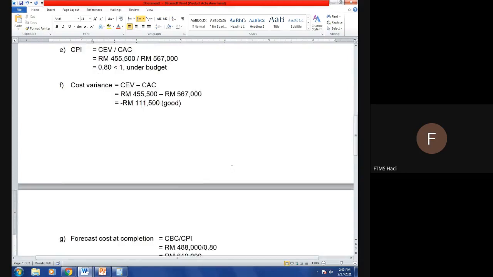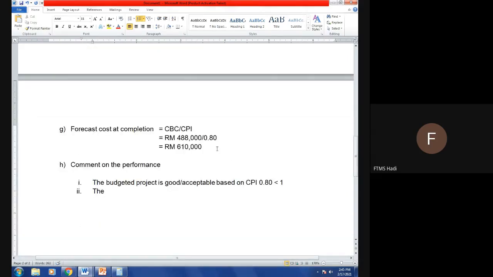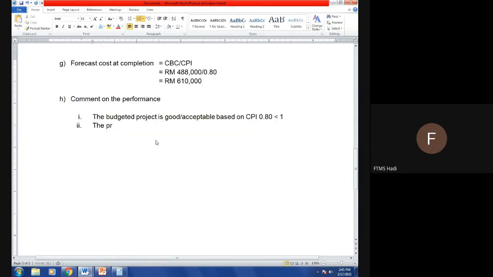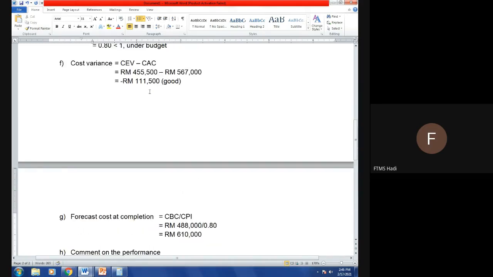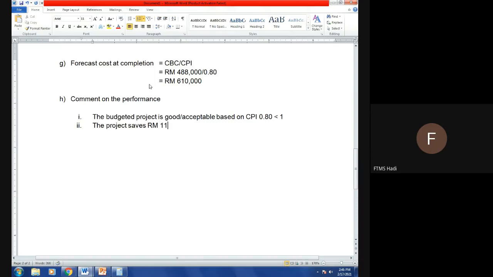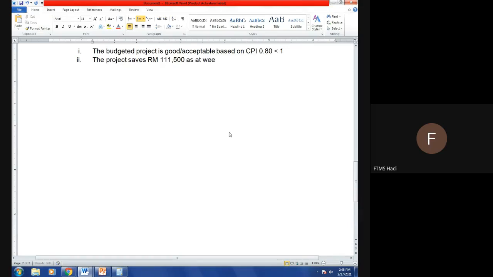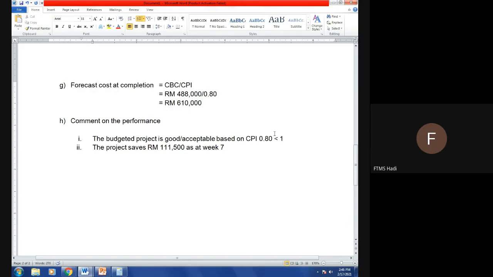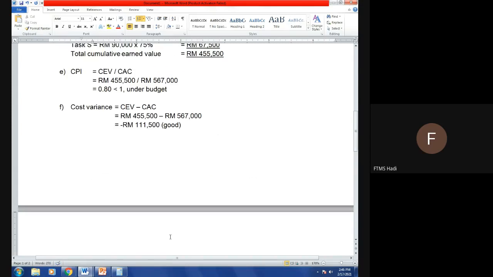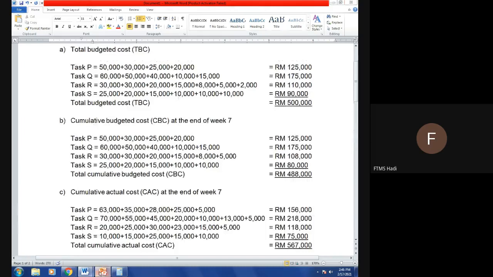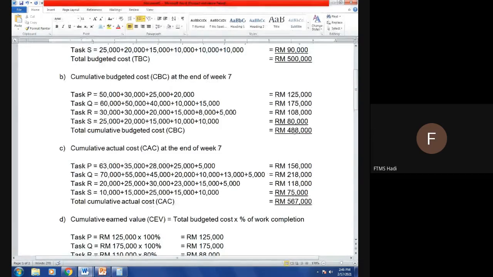If more than 1, it is considered bad. The second one, we look at the cost variance. The project saves RM 111,500 as at week 7, because the question is referring to week 7. And the last one, you can compare CBC and CAC, cumulative budgeted and cumulative actual.